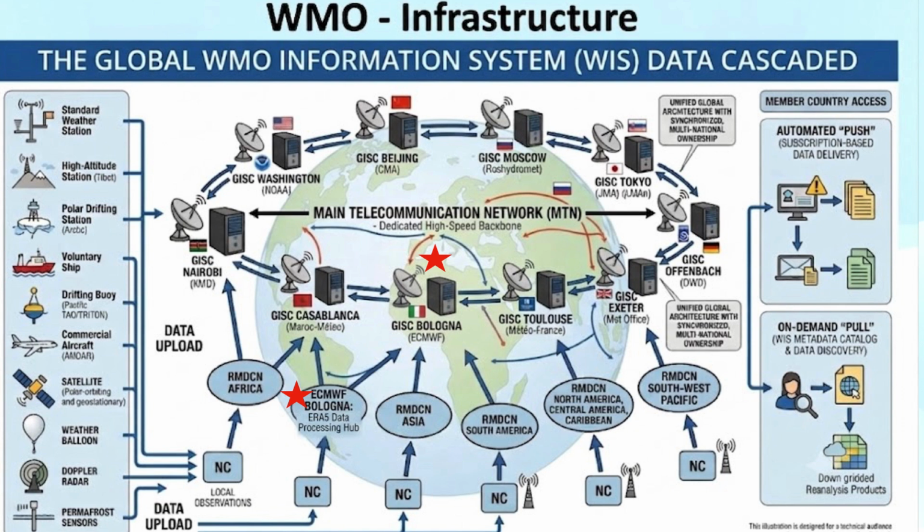If you see on this graph, the red stars represent the facilities at Bologna. So the regional hub is in Bologna, as is the supercenter, and there are 15 of these supercenters located around the world, such as in Beijing, Moscow, United States, etc. And they are connected on a real-time basis and share information almost instantaneously as the information comes in.